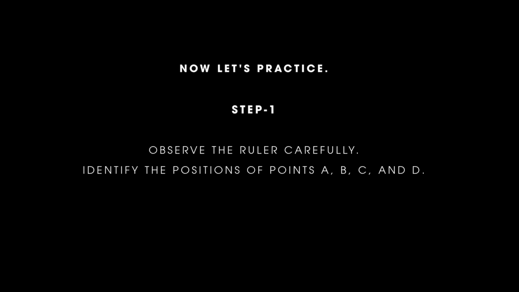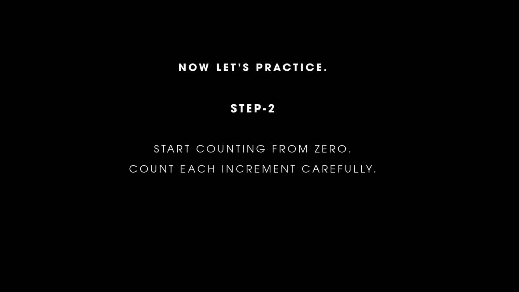Okay, now let's do a practical exercise just to test your measuring skills. Let's get your ruler and observe it carefully. Identify the positions of A, B, C, and D. Remember, start counting from zero. Count each increment carefully.